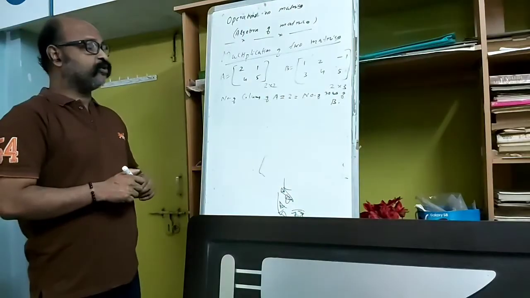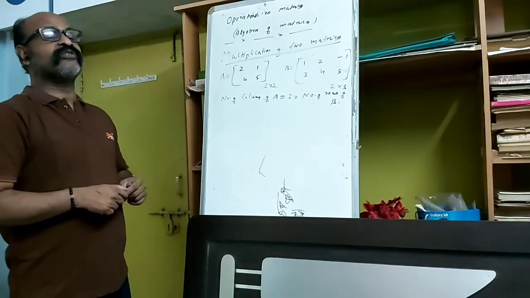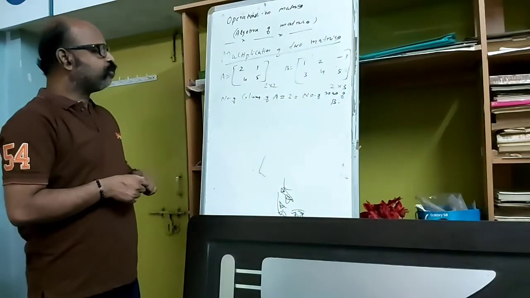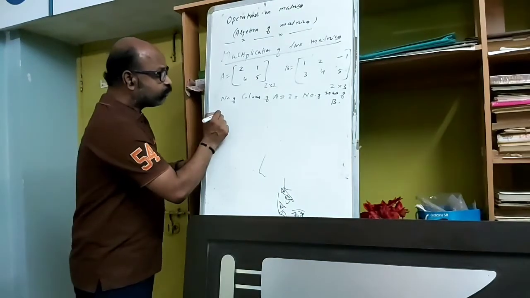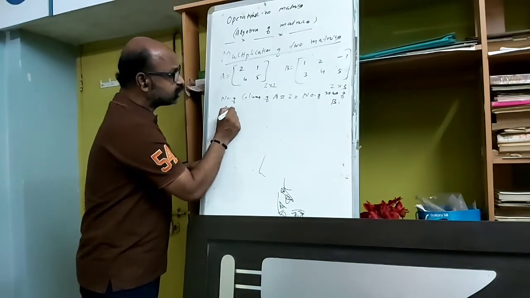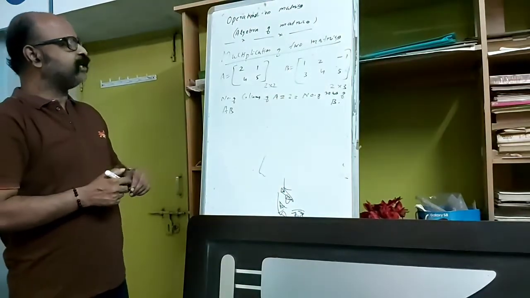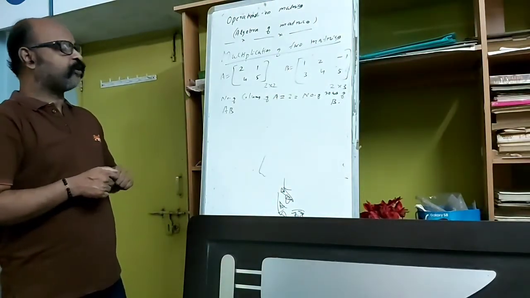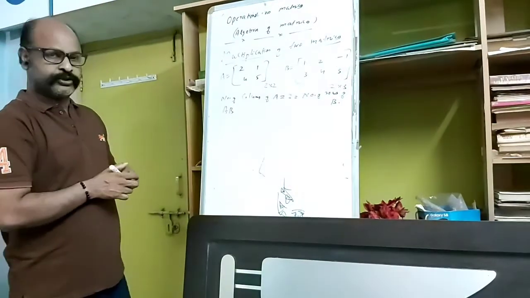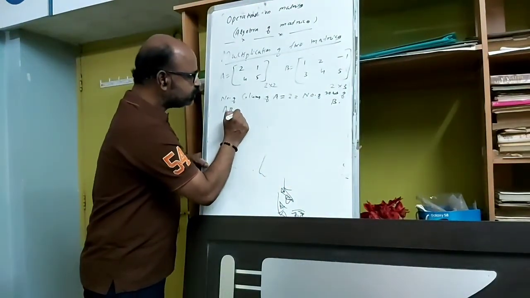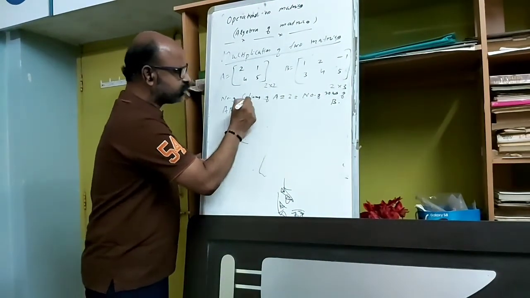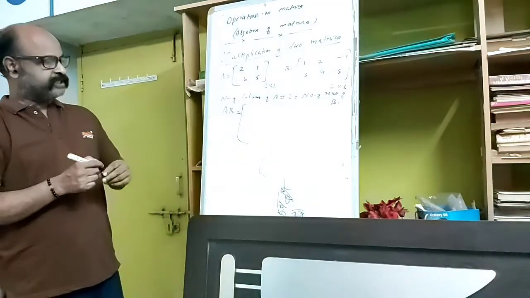The condition for the existence of the product AB is satisfied. So we can multiply A and B, or obtain the product AB, according to the condition we imposed. Now we see how to obtain the product.